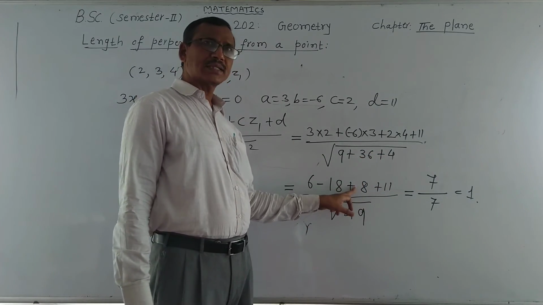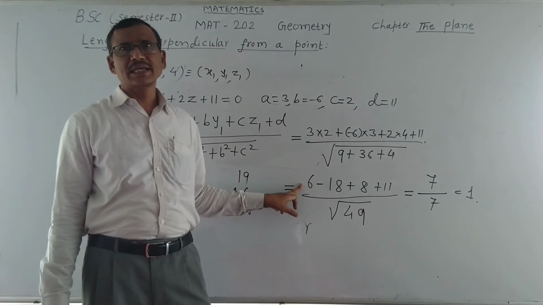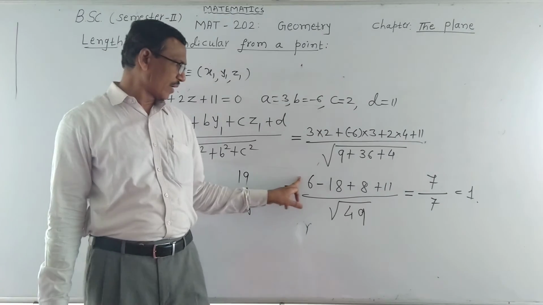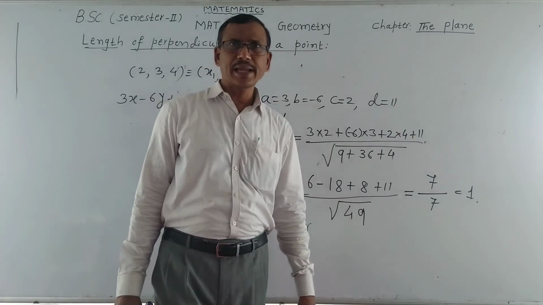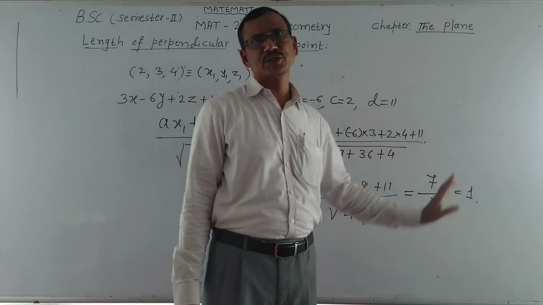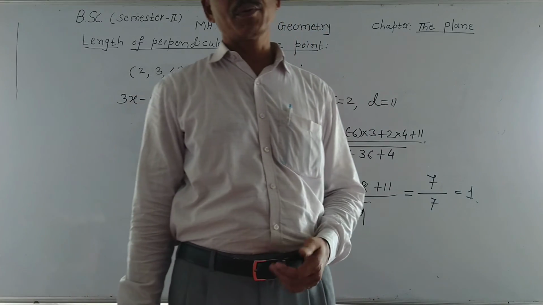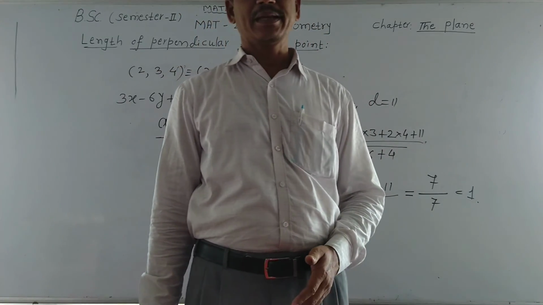And 11 plus 8 is 19, plus 6 is 25, 25 minus 18 is 7, and this divided by 7 is equal to 1. This is the length of perpendicular of the given point from the given plane.